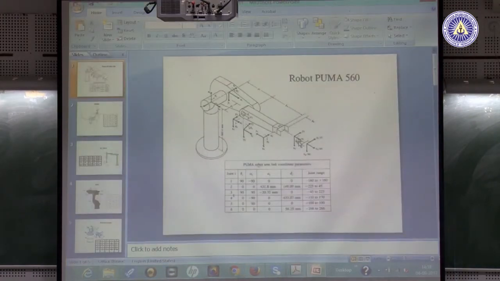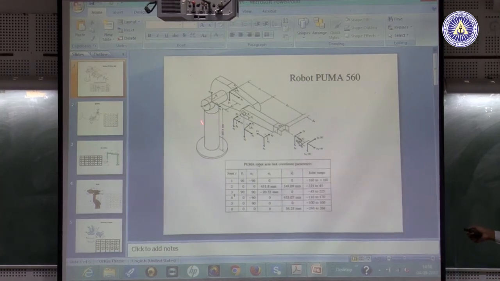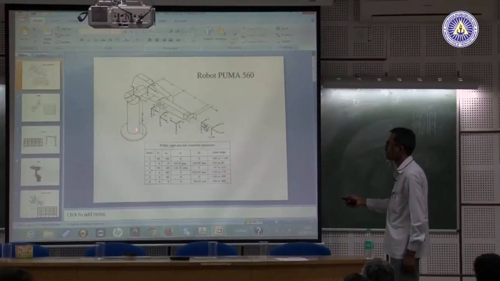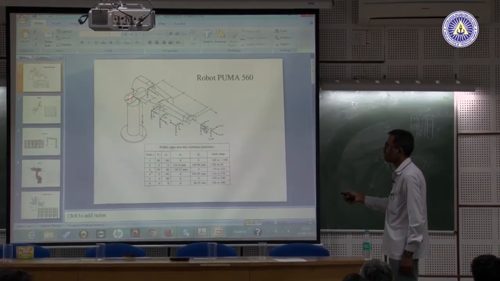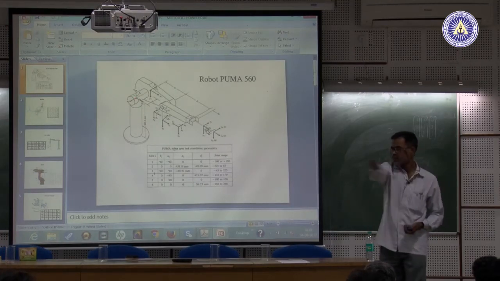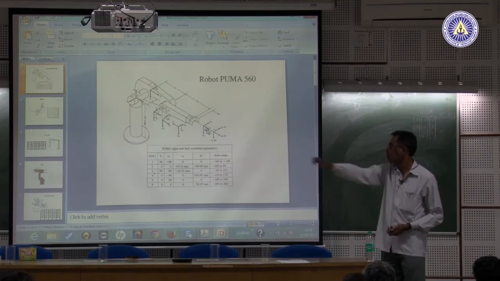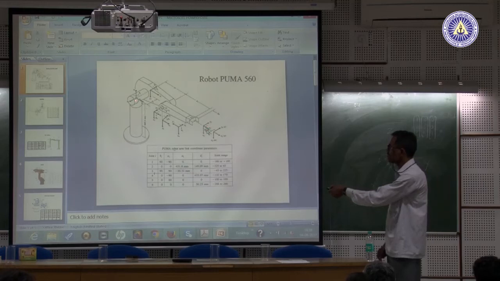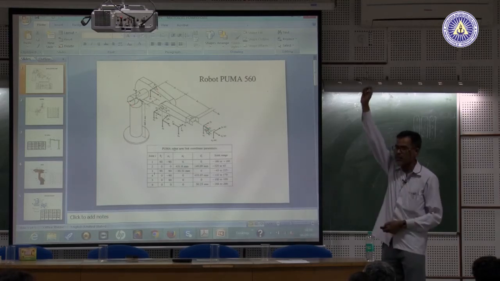So, this whole thing can rotate about this joint, that is the first joint. That is the shoulder swivel. And then the actual arm can move about this horizontal axis, that is the arm sweep.